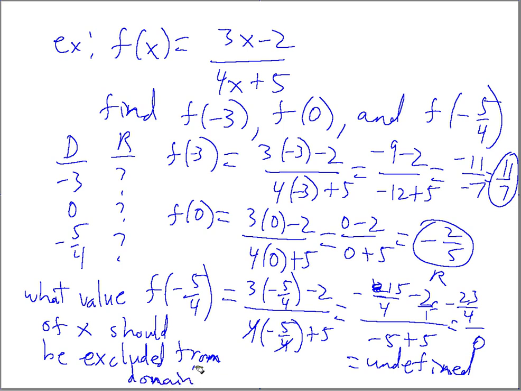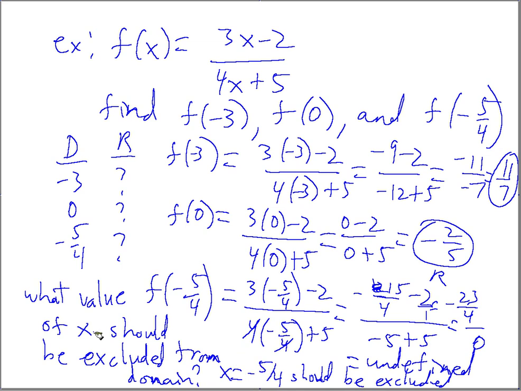All right. Clearly, you can see from this work right here that we can plug in any number we want except negative 5/4 because that makes the function undefined, right? So we say that x equal to negative 5/4 should be excluded. Okay, sorry, I ran out of space down here, so hopefully you can see that.